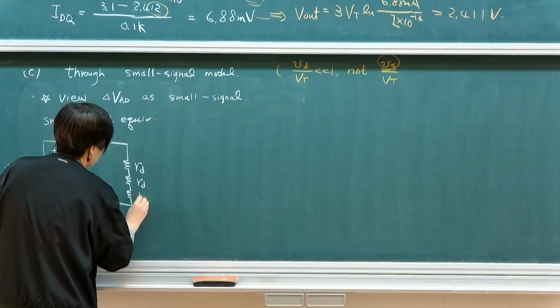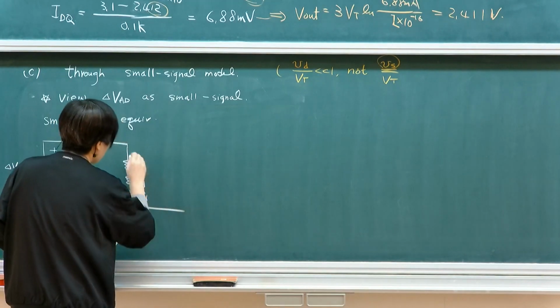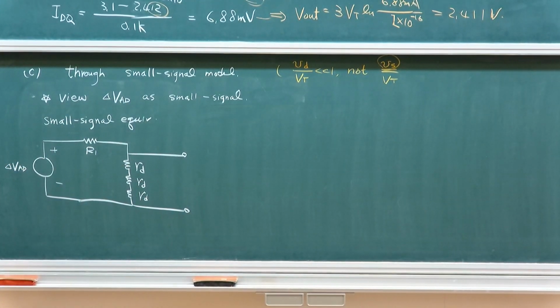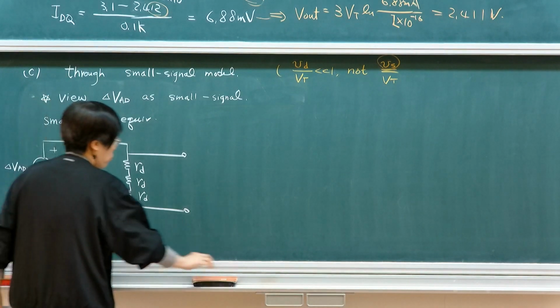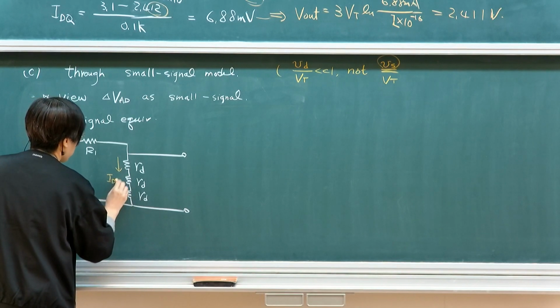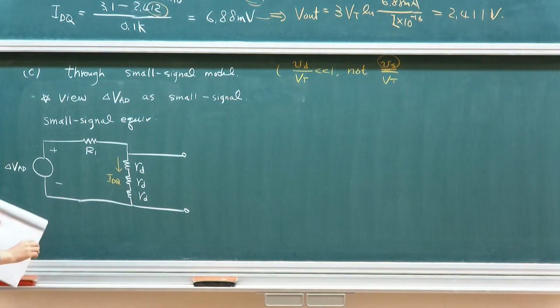They'll be identical for two reasons. The RDs are identical because the device itself is identical, meaning IS is identical. The other is that the current is identical because they're in series. If they were in parallel, you could not do that. Because they're in series, they have the same IDQ. So this will be my IDQ.